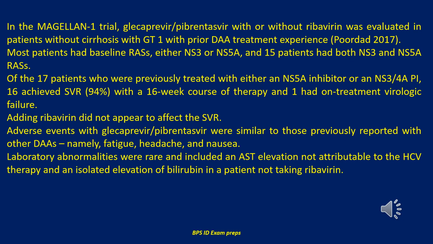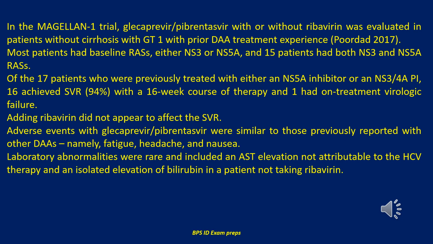Of the 17 patients who were previously treated with either an NS5A inhibitor or an NS3/4A PI, 16 achieved SVR, corresponding to 94% with a 16-week course of therapy, and 1 had on-treatment virologic failure. Adding ribavirin did not appear to affect the SVR.